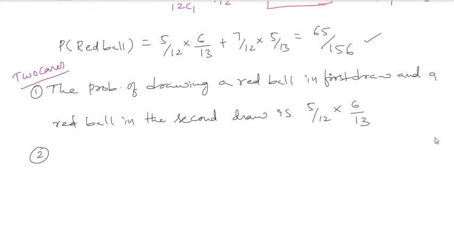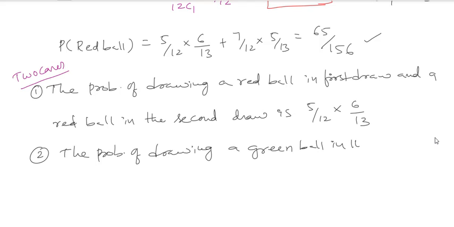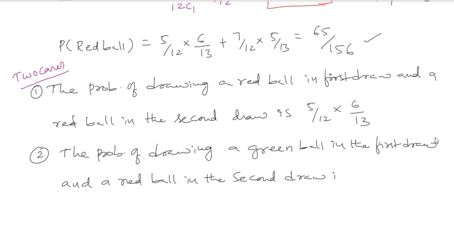The probability of drawing a green ball in the first draw, and a red ball in the second draw, is 7 by 12 into 5 by 13.